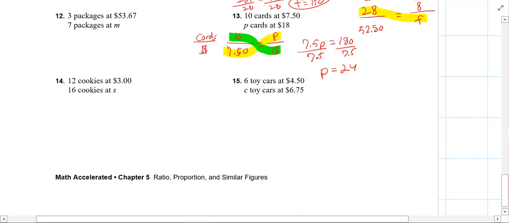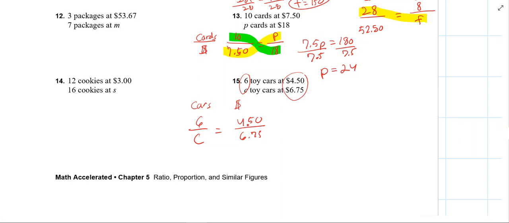And number 15, I'll do it differently this time. This time I'm going to do toy cars at money. So I'll do it like this. I'll do cars in one column and money in the other. Okay, so there you go. The cars are 6 to C, and the money is 450 to 675.